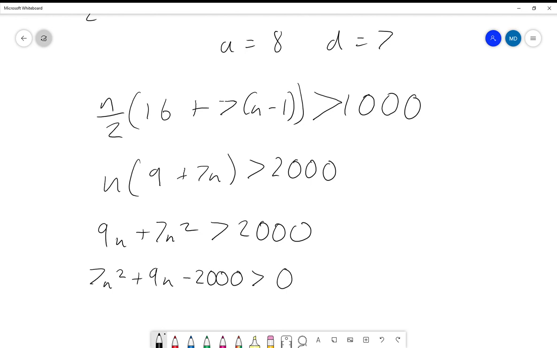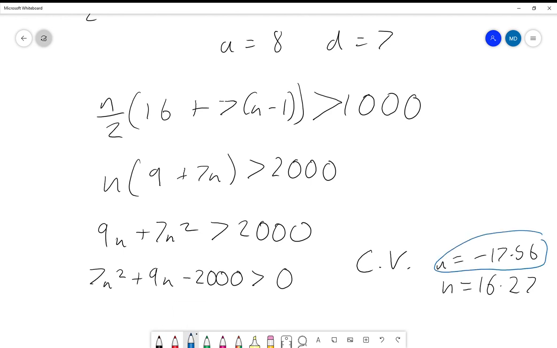And you'll get two answers, your critical values for this inequality will be two values of n equal to negative 17.56 and n equals 16.27. And those are your two critical values. Now the negative one is obviously not something we're going to worry about.